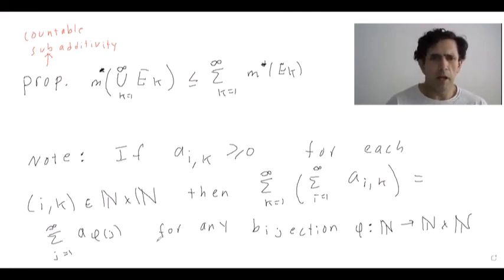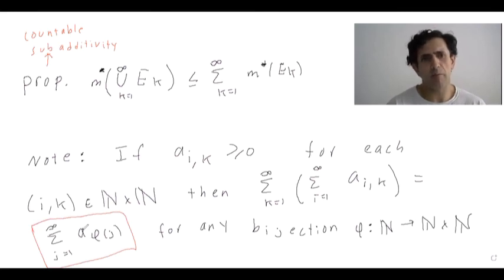Yeah, this makes sense. This red sum here is simply adding up all these a's, because phi j, as j varies, captures all pairs of natural numbers. It's a bijection, so it's surjective, and there are no repeats. So the red sum is just adding up all these a's for all pairs of natural numbers.